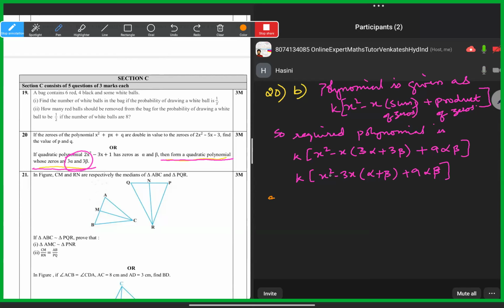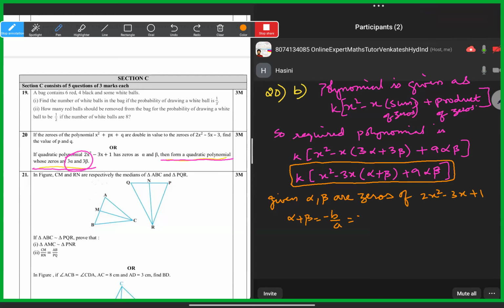What are b and a? b is minus 3, a is 2, so alpha plus beta is 3 by 2. Now alpha beta is c by a, which is equal to 1 by 2.